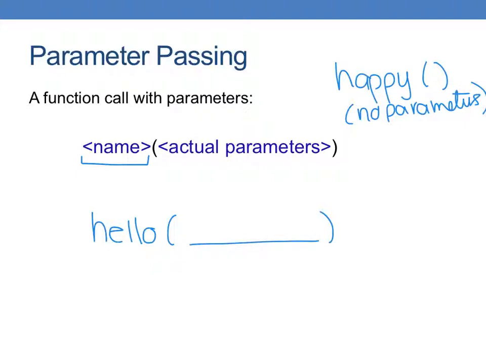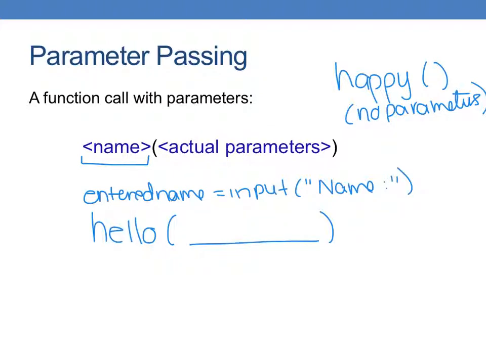So here, say for example, we had asked them for their name. So we had a variable called entered name, and we had asked the user to input their name. So what's going to happen in this code is the user is going to enter in their name. We can see that here. It's going to be saved here. Then we want to send that entered name into the function hello when it's called.